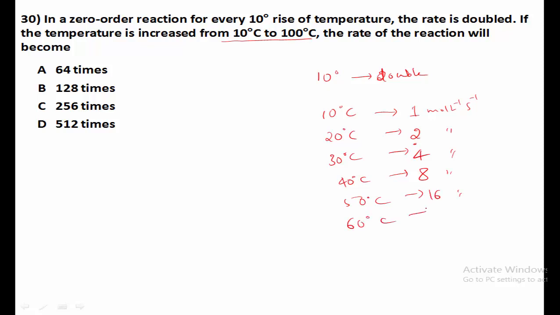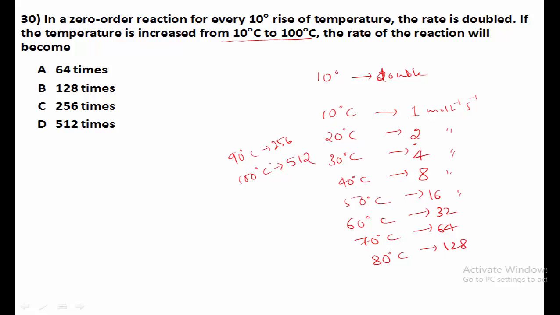60 degrees Celsius, it becomes 32. 70 degrees Celsius, it becomes 64. 80 degrees Celsius, it becomes 128. Similarly, 90 degrees Celsius, it becomes 256. 100 degrees Celsius, it becomes 512.